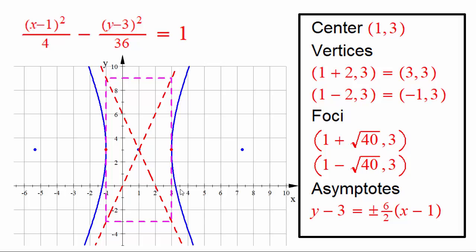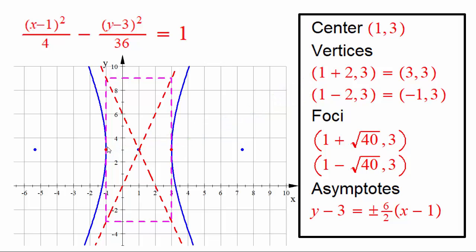Then your vertices are, because our negative sign is with the y coordinate, it's a left, right hyperbola. So you're going to go 2 to the left and 2 to the right from the center. So that will be this coordinate right here and this coordinate right there. So 1 plus 2 and 3 and 1 minus 2 and 3. Those are your vertices.